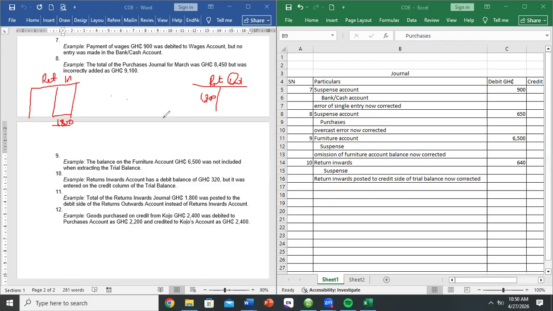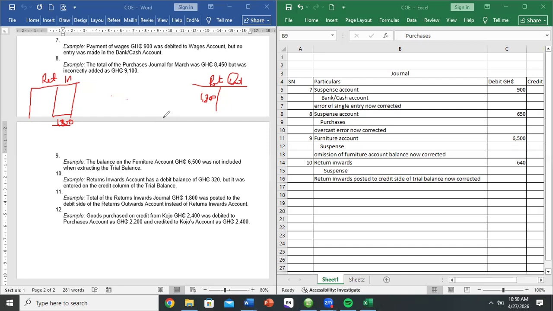They were not deceived, but technically, we cannot say error of commission because error of commission deals with personal accounts, right? So the thing was recorded in the wrong person's account due to name similarities. But return inwards and return outwards are not persons. So we now check it out with the principle, where error of principle says that you record the right entry, but in the wrong class of account.